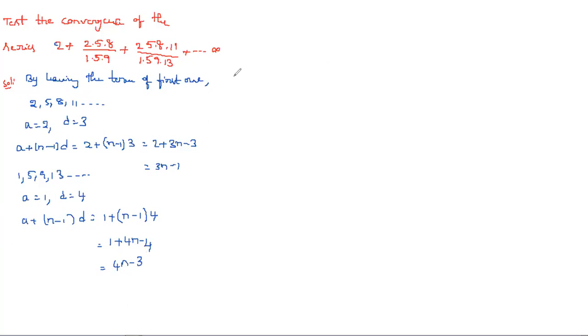So summation un is equal to summation, the series repeating continuously, 2 into 5 into 8 into 11 and so on, up to the nth term, which is 3n minus 1, by, in the denominator, 1 5 9 13 and so on, 4n minus 3.